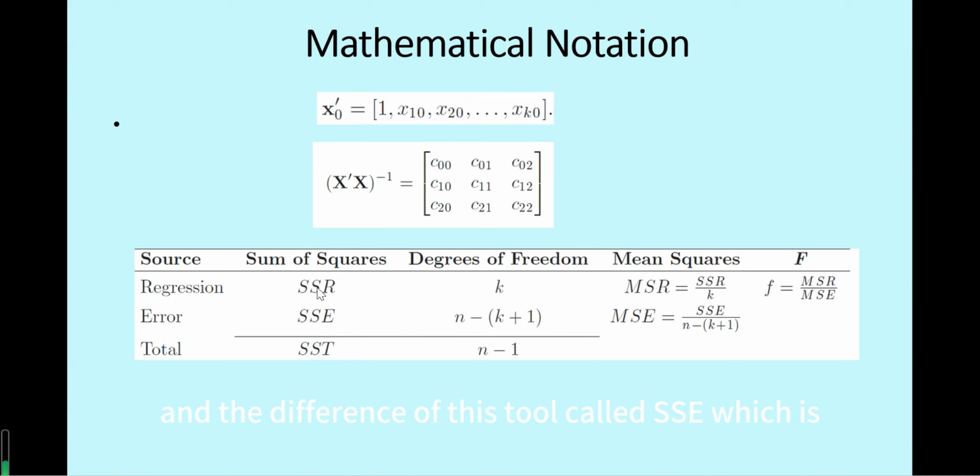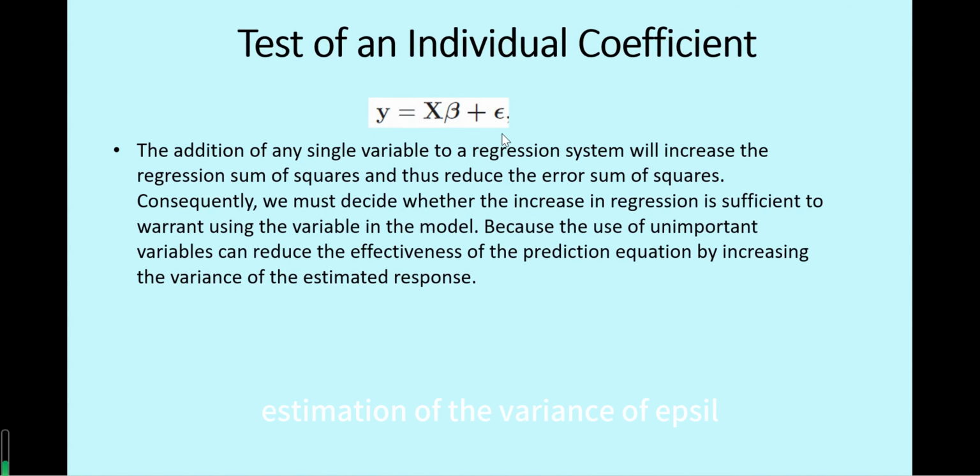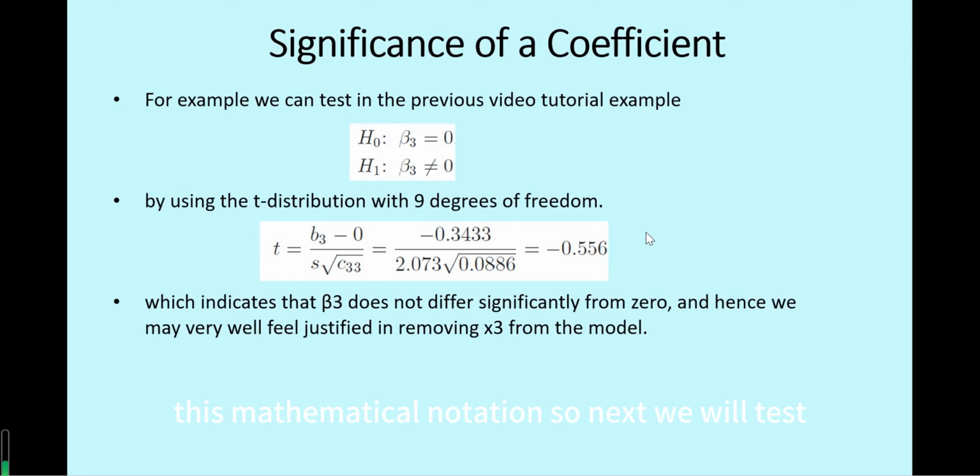The difference of these two is called SSE, the error term sum of squares. So we take the error terms, square them and sum, then divide by the degrees of freedom, which is called MSE. We also call this term S square. So S square is an estimation of the variance of epsilon. So we have this mathematical notation.